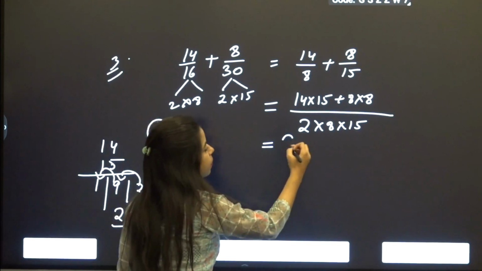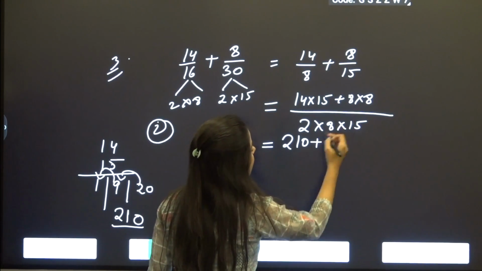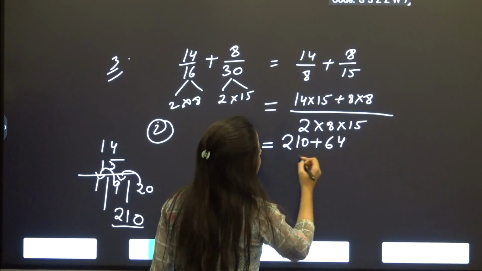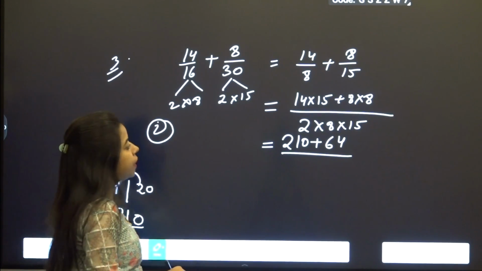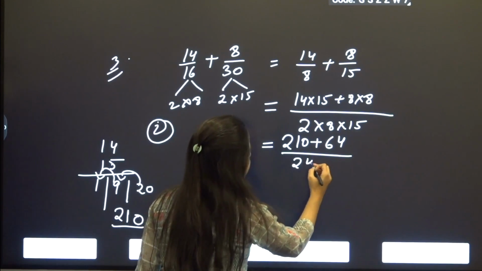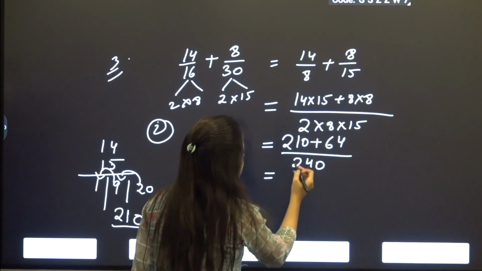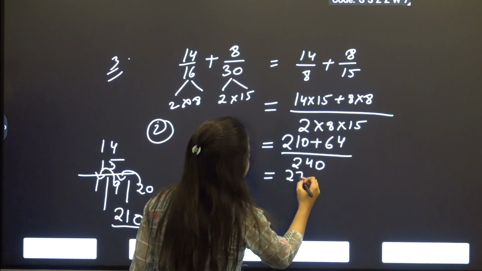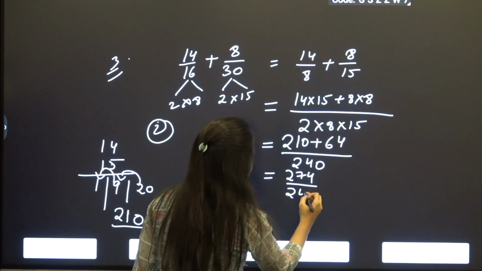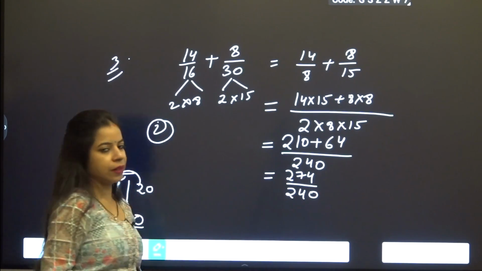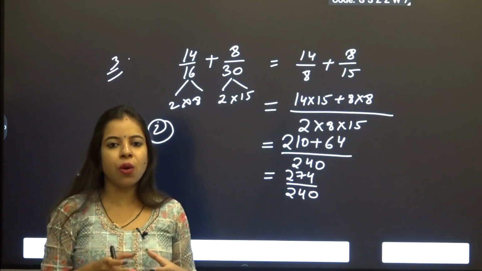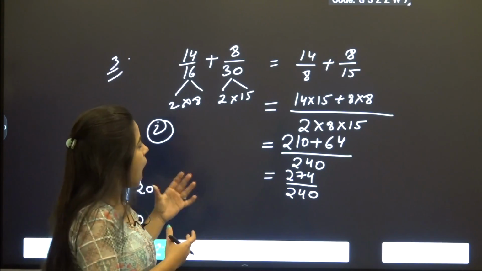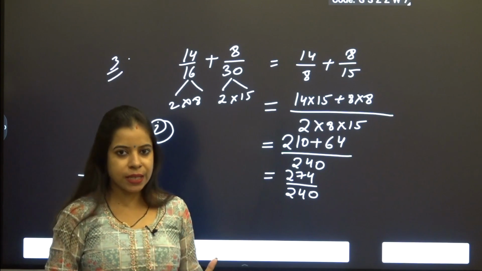So this will become 210 plus 64, okay, and that will be 30 into 8, 240. So this will become 274 by 240. So in this manner, we can make the addition of unlike fractions very easy.